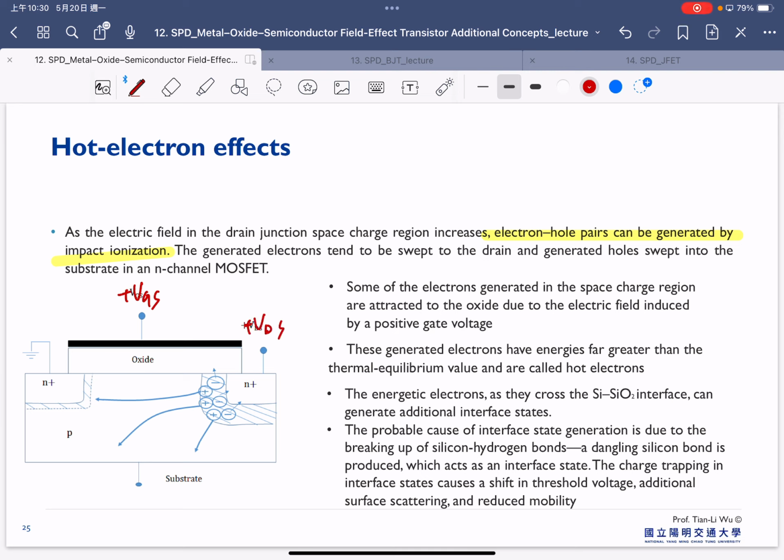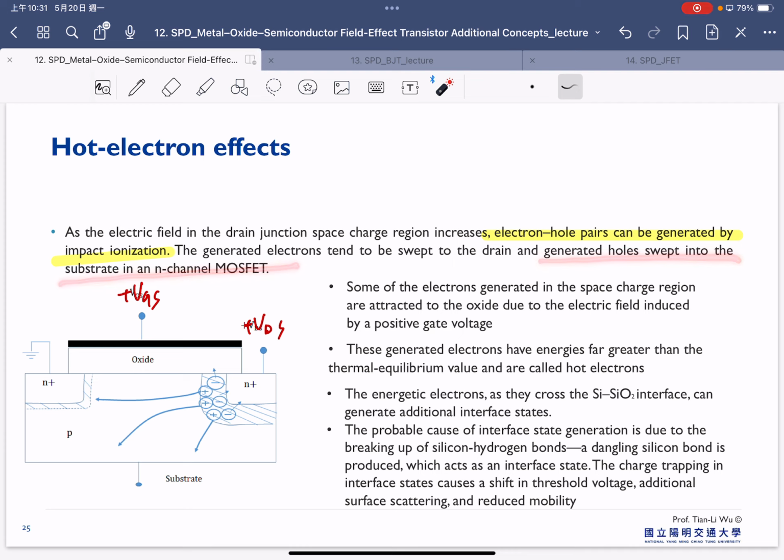So once we have a large VDS here, we can expect more impact ionization to happen in this region. This generated electron will be swept to the drain, and the generated hole will be swept into the p-type substrate as well.